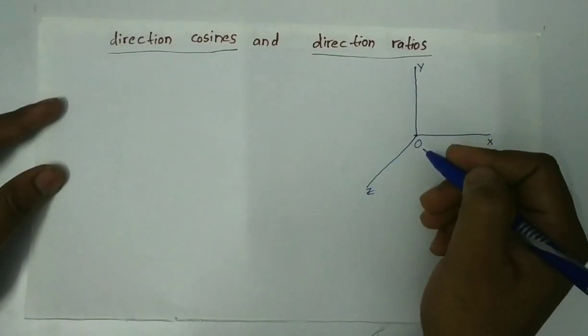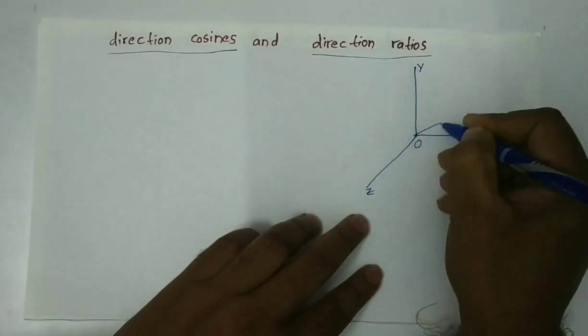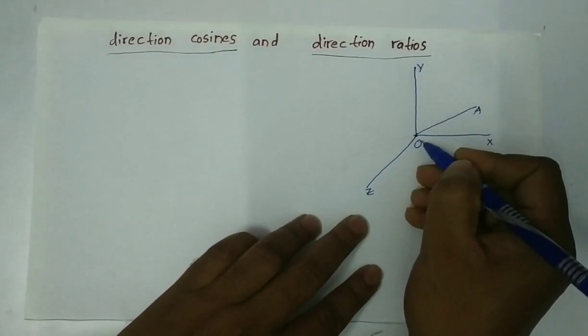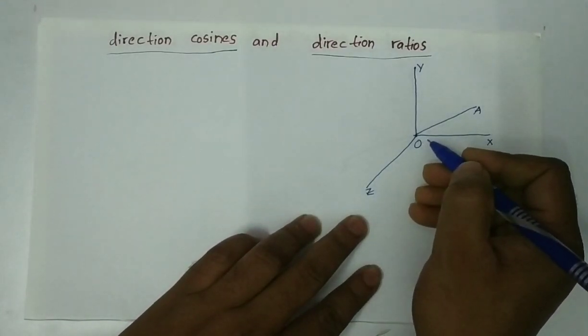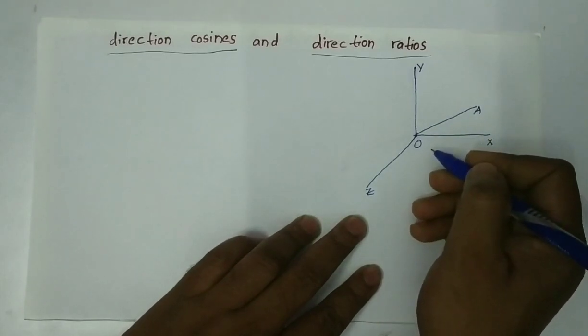Now let us take a line OA which is passing through the origin and making angles alpha, beta, gamma with the positive directions of the x, y, z axes.